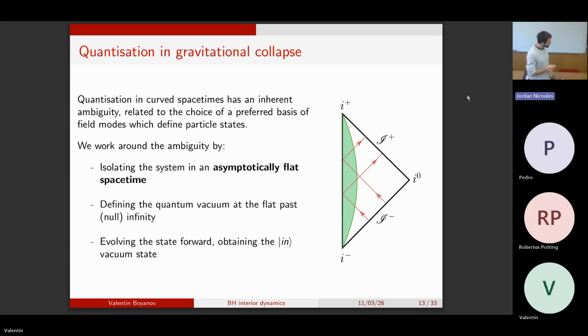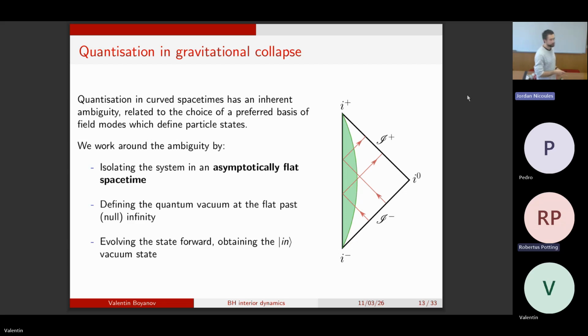And so what's typically done to get around this ambiguity in defining a preferred state is isolating the system that you're interested in studying in an asymptotically flat spacetime, and then performing Minkowski-like quantization in the asymptotic past where spacetime is flat.